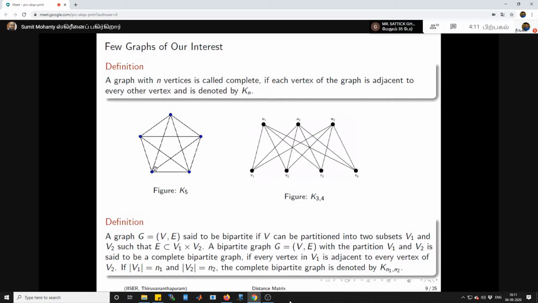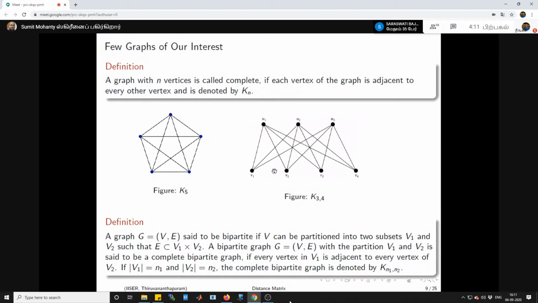Similarly, in a bipartite graph the vertex set can be partitioned into two parts such that adjacency is only between one partition and the other. Last lecture, Rajesh also defined that, and it is complete if every vertex of one partition is adjacent to every vertex of the other partition.